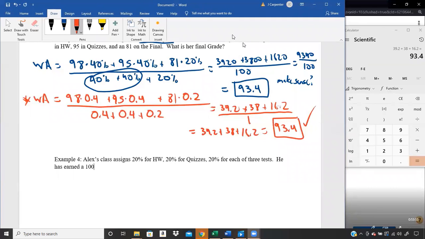He's earned a 100 on all homeworks. He earned quiz grades of 95, 90, and 80. Has 2 test grades, 85 and 94. What is his current average? Give you a minute to write that.